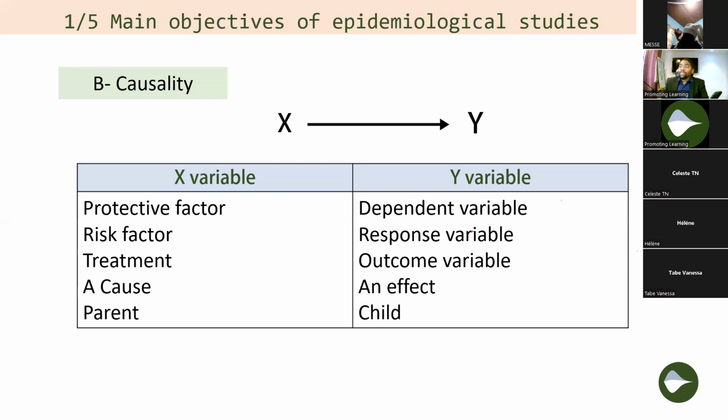pour faciliter la lecture. Si vous êtes en train de chercher un facteur protecteur, vous faites votre étude pour déterminer la force d'association entre ce facteur protecteur potentiel et votre issue, votre outcome. Moi, je pense que l'idéal, c'est de garder le terme facteur protecteur jusqu'à la fin et de ne pas le mélanger avec les autres pour ne pas embrouiller les lecteurs.